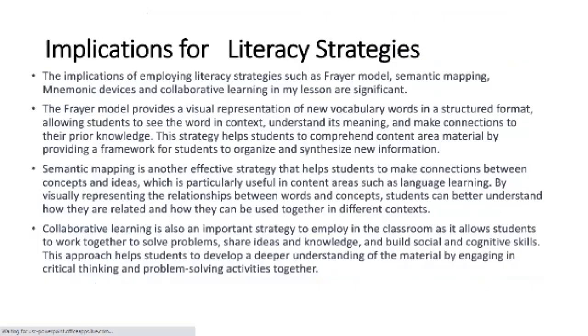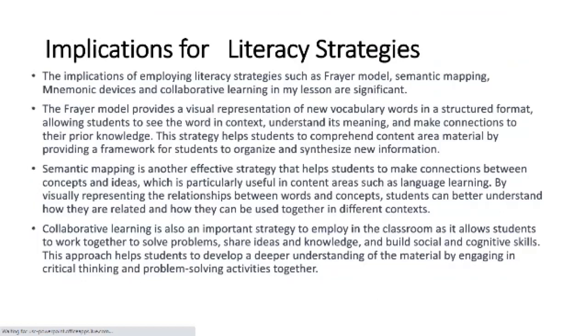Implications for literacy strategies. I think that employing literacy strategies such as Frayer models, semantic mapping, mnemonic devices, and collaborative learning in my lessons was significant. The Frayer model provided a visual representation for vocabulary words in a structured format, allowing students to see the word in its context.